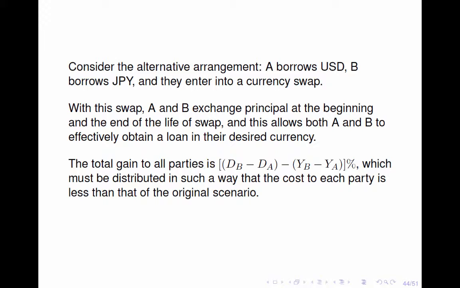The total gain to all parties is the difference of DB minus DA and YB minus YA, which must be distributed in such a way that the cost to each party is less than that of the original scenario.